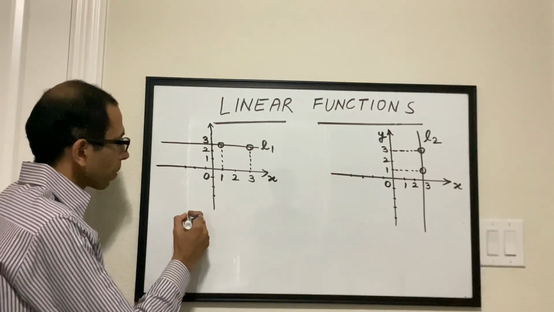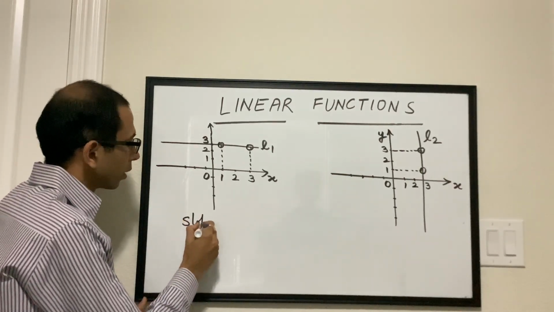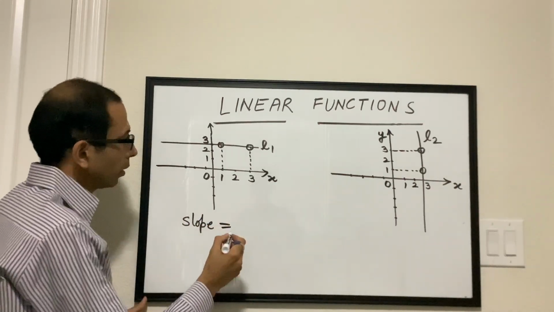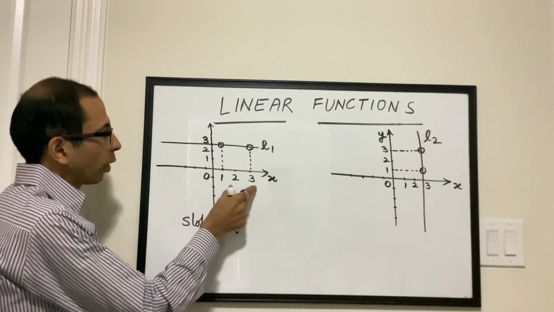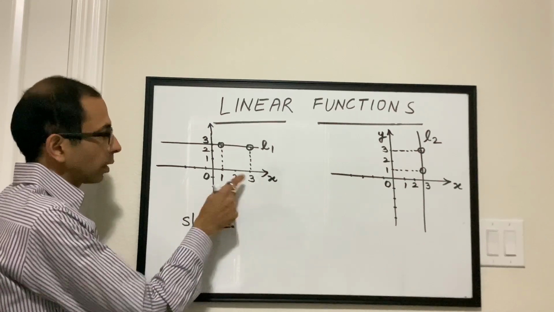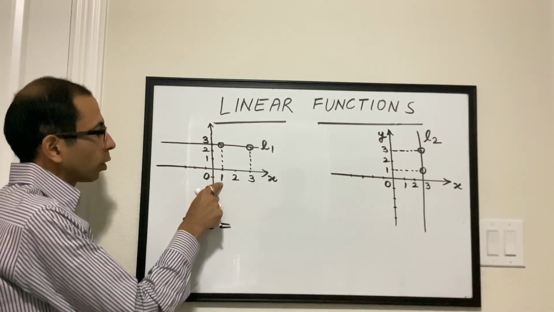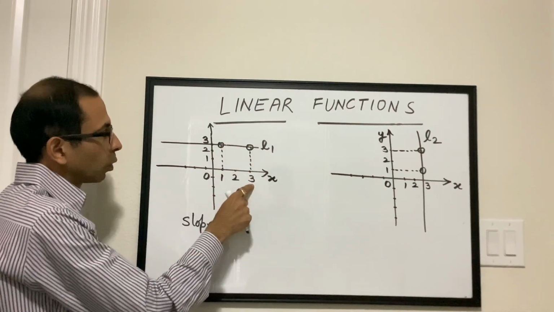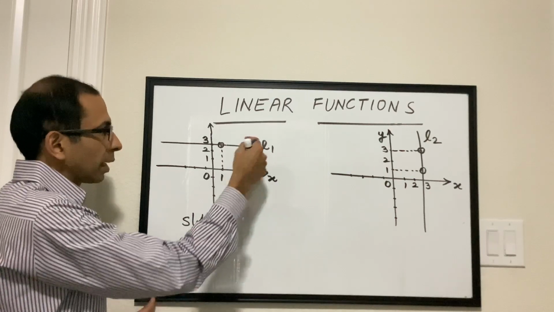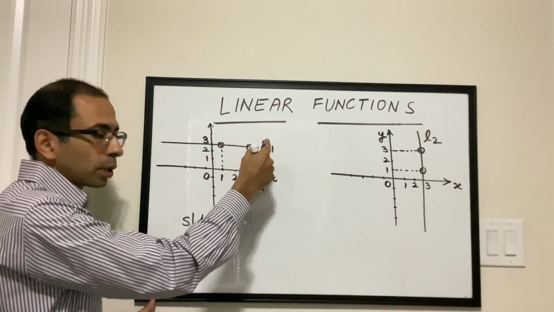So the slope of line 1, again, change in y over change in x. Let's say we take these 2 points, 1 and 3. The corresponding y value for x equal to 1 is 3, and the corresponding y value for x equal to 3 is also 3. So in this case, both the y values are 3.